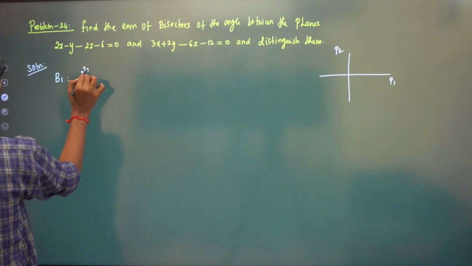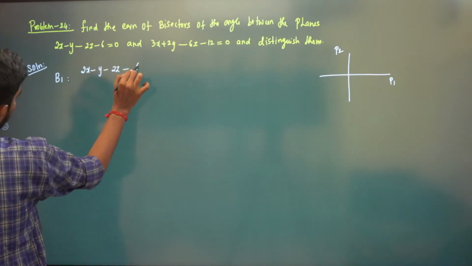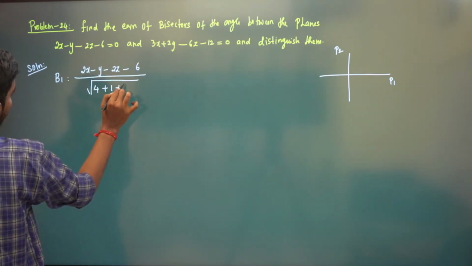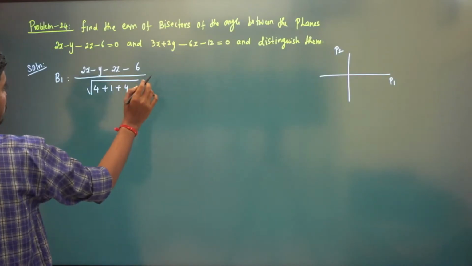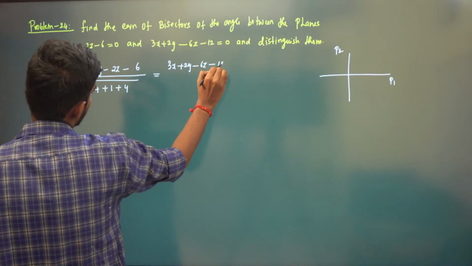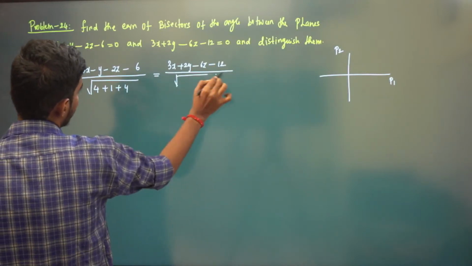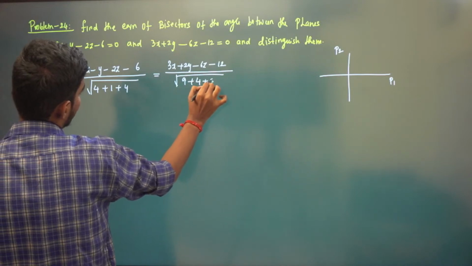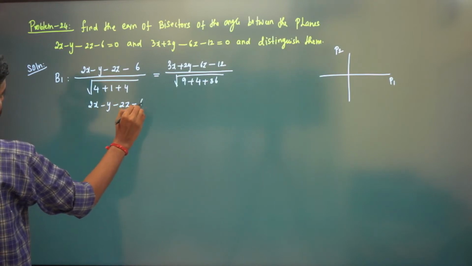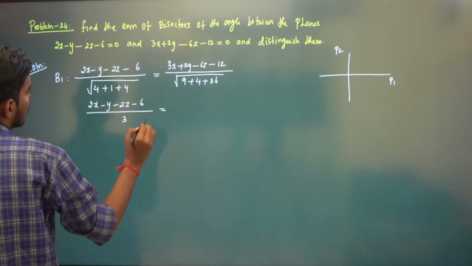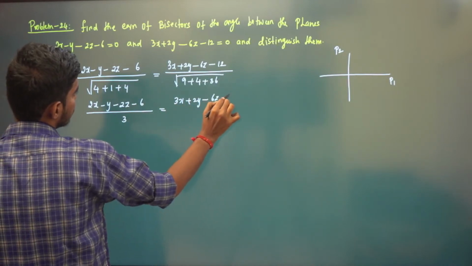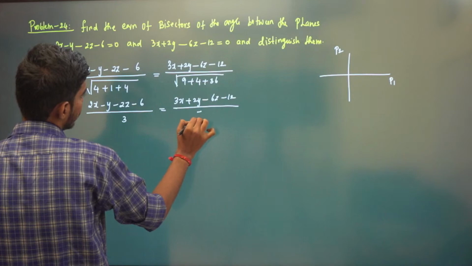So it is 2x minus y minus 2z minus 6 divided by square root of 4 plus 1 plus 4 is equal to 3x plus 2y minus 6z minus 12 divided by square root of 9 plus 4 plus 36. So 2x minus y minus 2z minus 6 divided by 3 is equal to 3x plus 2y minus 6z minus 12 divided by 7.